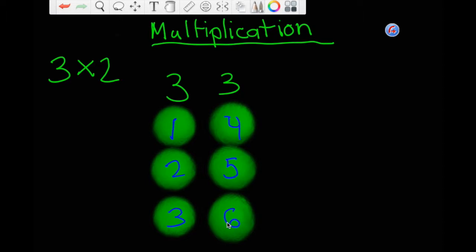So I know that 3 plus 3 is the same thing as 3 2 times. Here's 1 3, here's 2 3s. So this is like 3 times 2. Cool. So that's what multiplication is. So now let's actually do something with that.